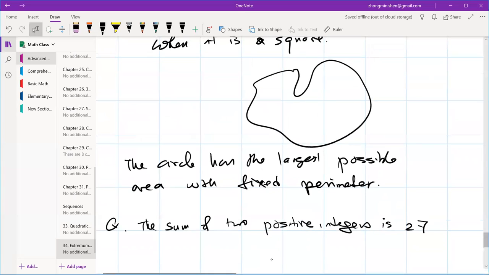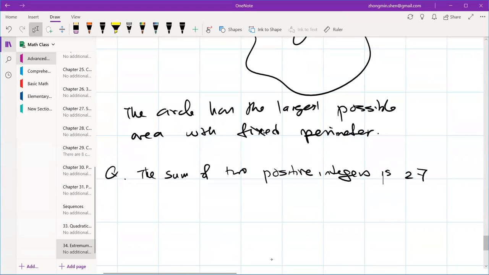By the way, the problem I just talked about, that the circle has the greatest possible area with a fixed perimeter, was one of the problems on the entrance exam to graduate school in China in 1983. I was a graduate student. I took the test in geometry because my major is geometry.